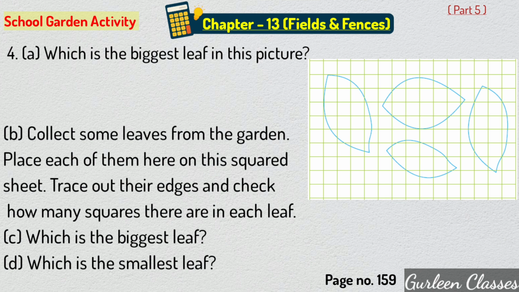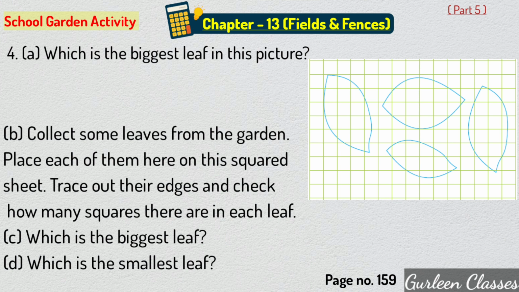B part, collect some leaves from the garden. Place each of them here on the square sheet. Trace out their edges and check how many squares are there in each leaf. Students, you have to collect some leaves from the garden and place those leaves on this squared sheet.